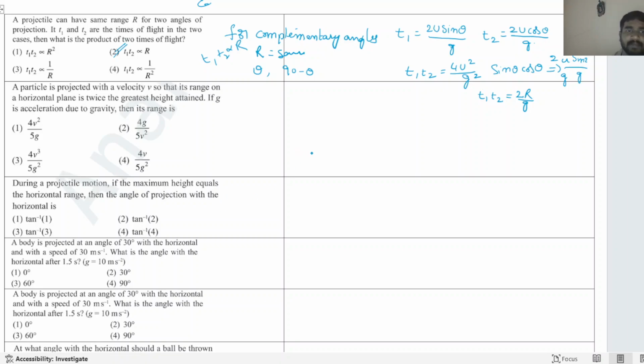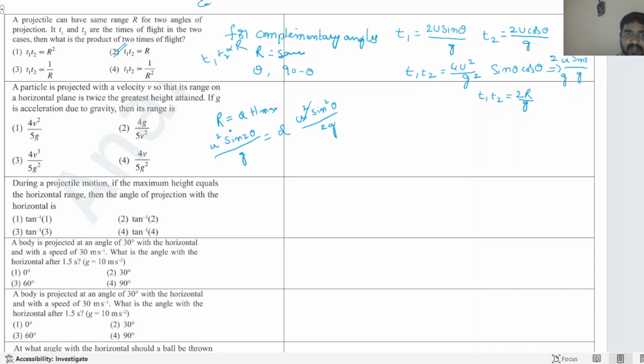Next, second question. A particle is projected with a velocity v so that its range on a horizontal plane is twice the greatest height. If g is the acceleration due to gravity, then they are expecting its range in terms of v and g. Range is u square sine 2 theta divided by g, equal to twice the maximum height, u square sine square theta divided by 2g.